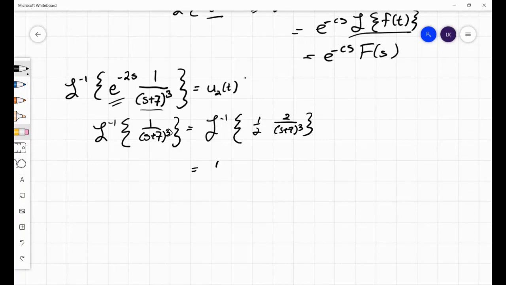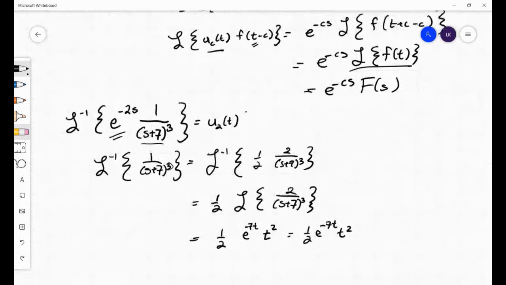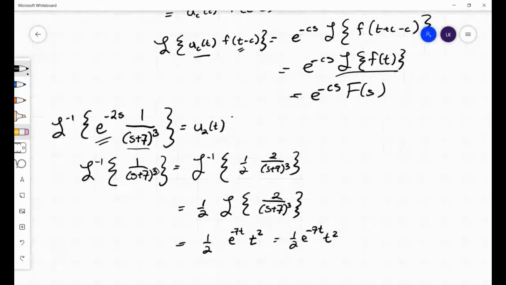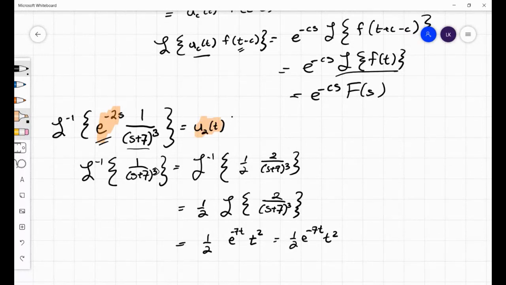We use linearity of the inverse Laplace transform. This is going to be t squared, except that there's a plus 7, so that means there was an exponential. So according to our formula, the exponential became this step function, and then we found the inverse Laplace of this factor, but then we have to replace t with t minus 2.